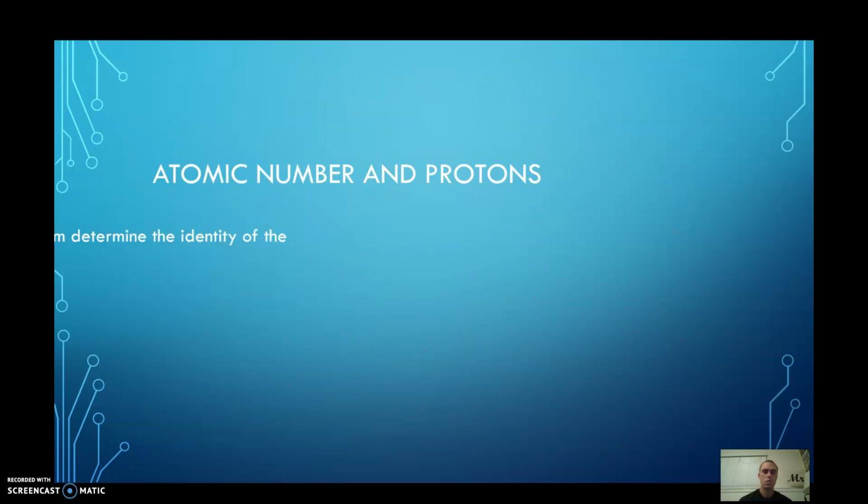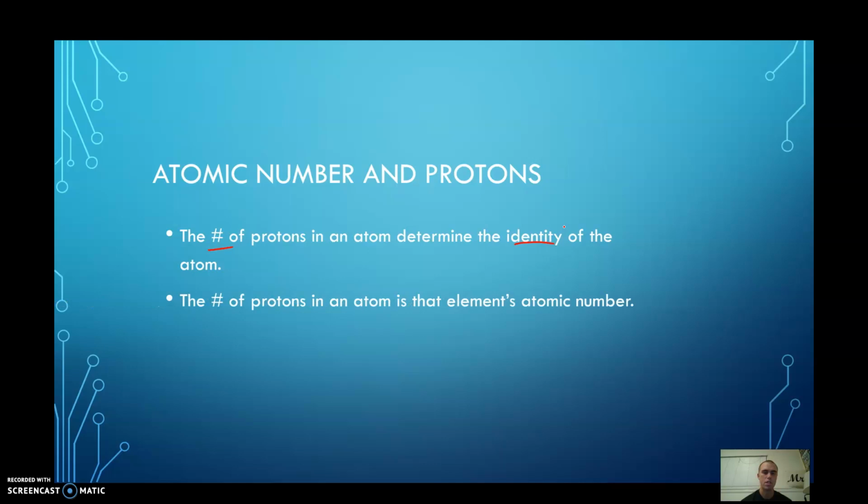Here we go with atomic number and protons. The number of protons determines the identity of the atom. We talked about it on the previous slide. The number of protons is also the element's atomic number. So if you are looking at, and you probably should, either a split screen or a paper copy of a periodic table, the number of protons in an atom is that element's atomic number.